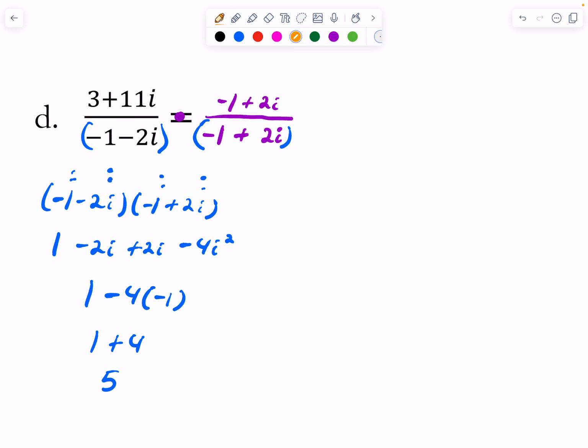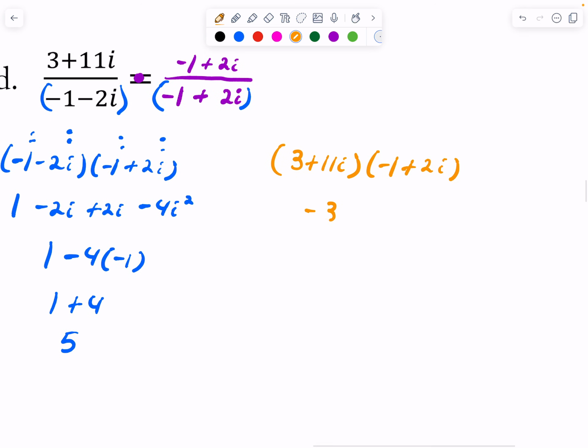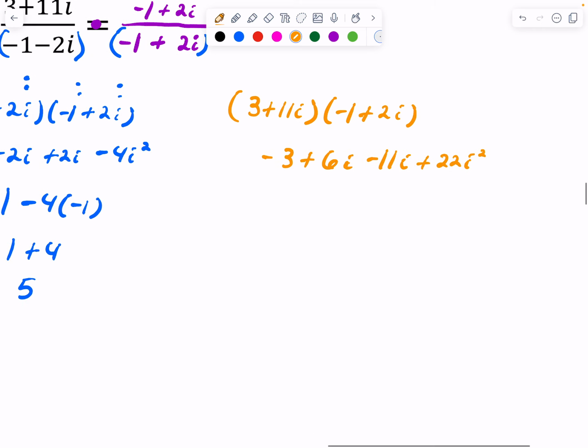Okay, multiply my numerators. 3 plus 11i times negative 1 plus 2i. Distribute. You get negative 3 plus 6i minus 11i plus 22i squared.